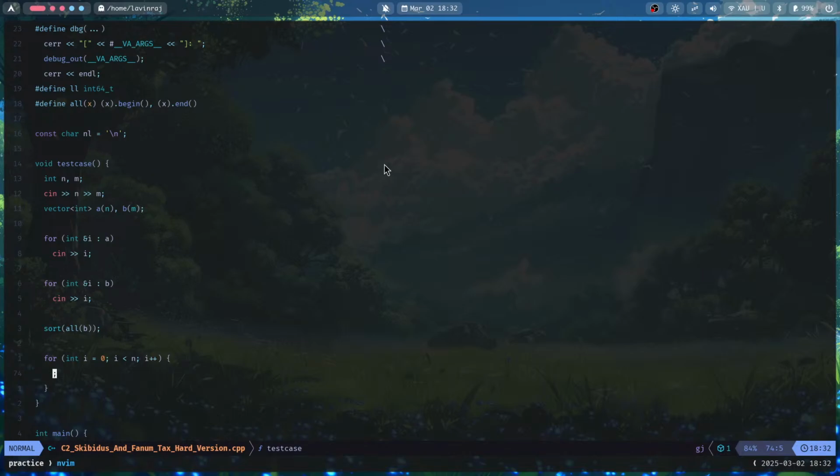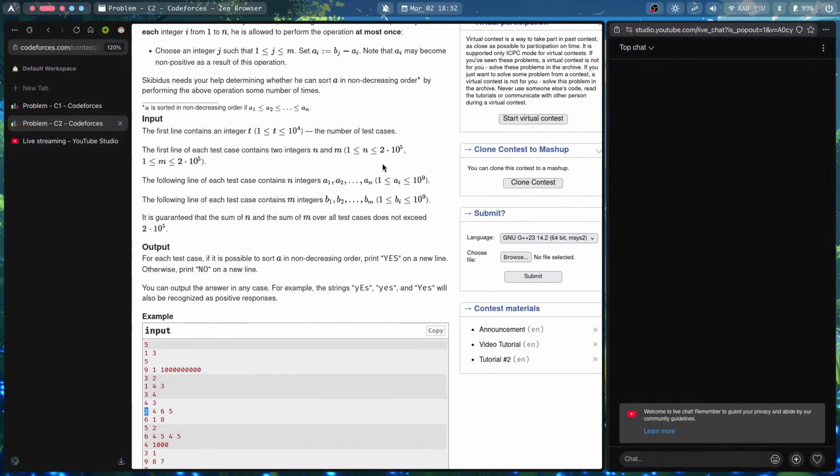Array A, what we have to find is the lower bound for it, and we will subtract a_i from that b_j.